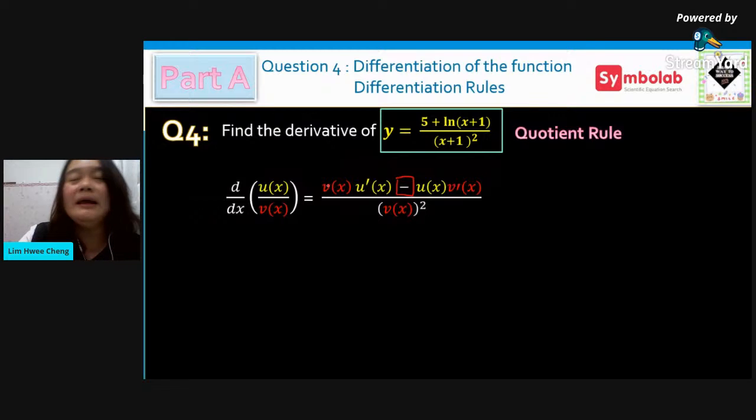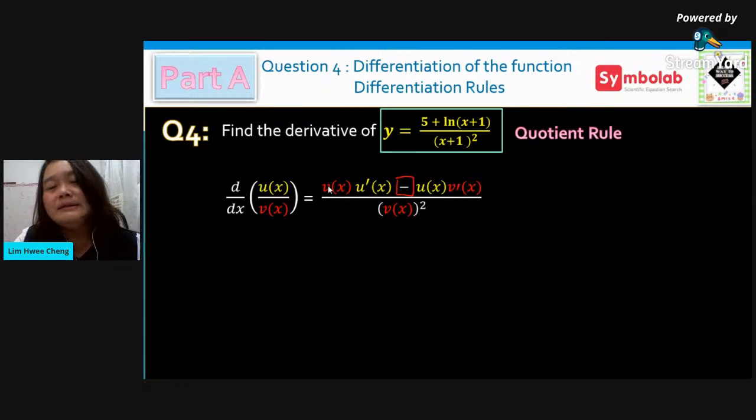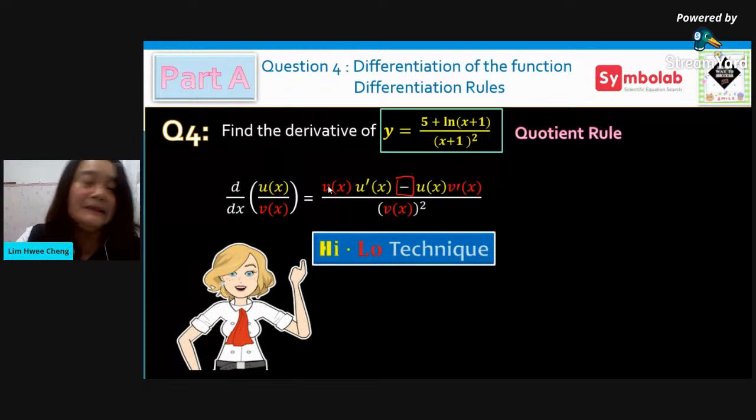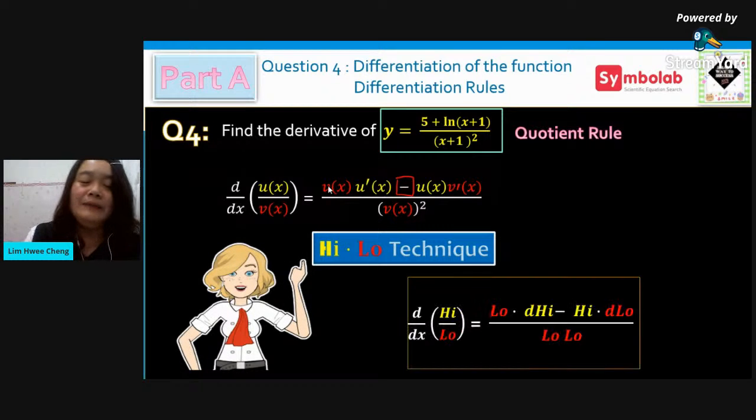If you think this is hard to remember, you can think of a term like the high low technique. The high is the upper function and the low is the bottom function. So you memorize it this way: low d-high, meaning you copy low first, differentiate high, minus the high d-low, over the low squared, since your v function, the low function, is squaring.